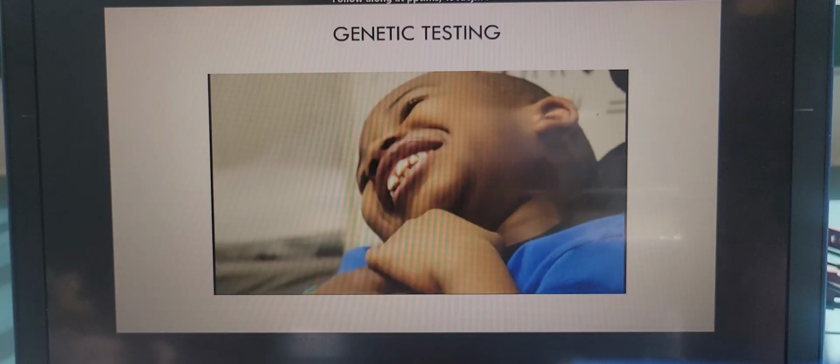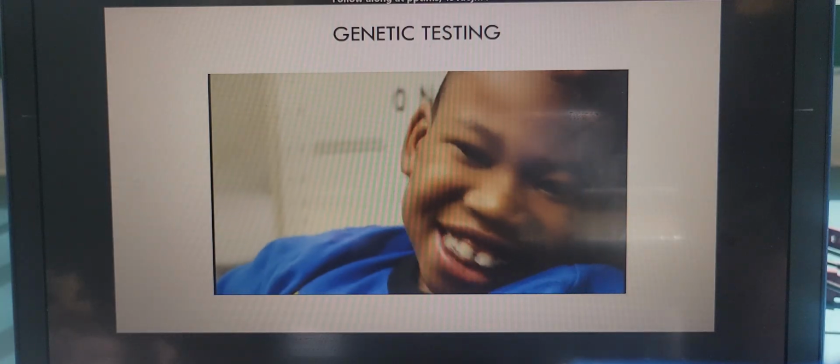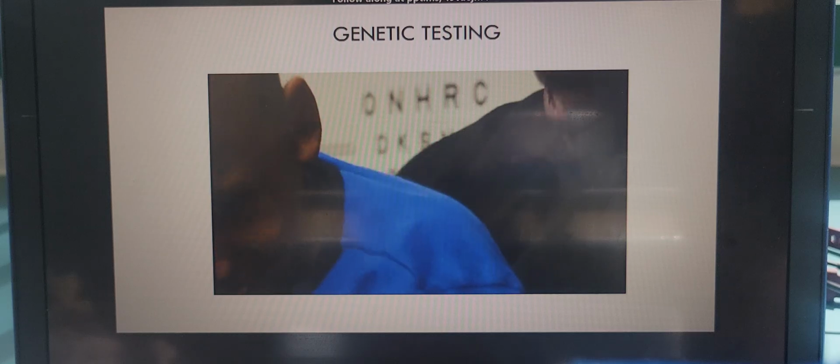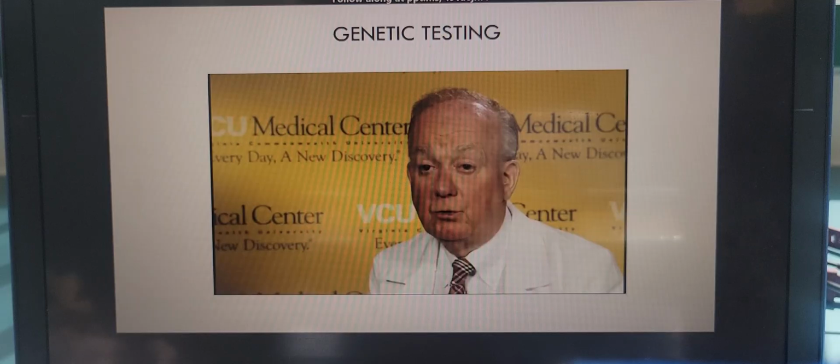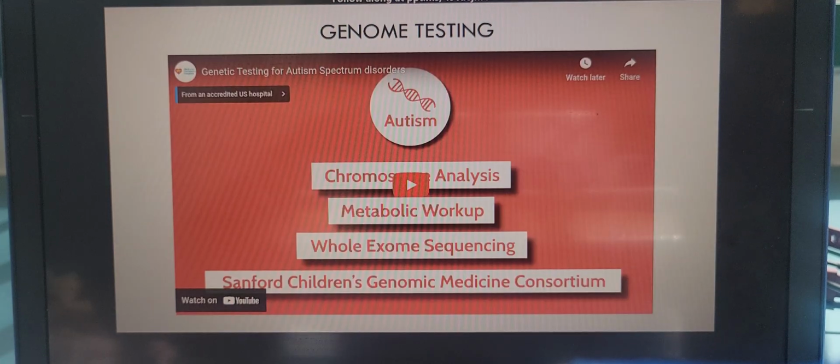One hopeful thing for parents of autistic children is the use of sequencing, which hopefully will allow us to identify specific changes in genes that potentially could lead to therapy for autistic children. For more information, here's another short video about chromosome analysis and genome testing.